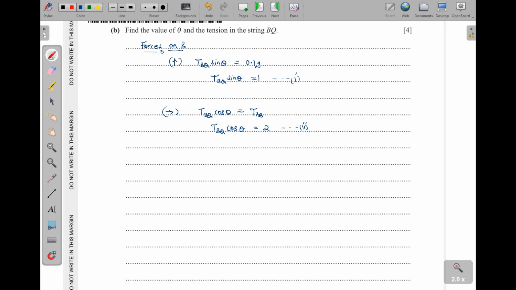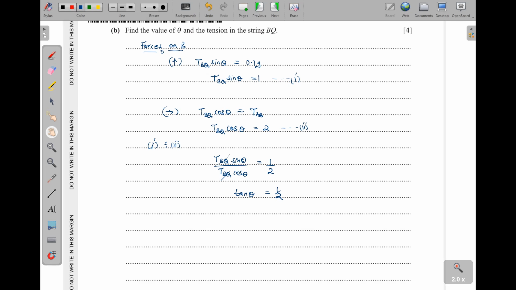Then I solve these two simultaneously. How can I solve them simultaneously? I can say equation 1 divided by equation 2, such that I can put the sine and cosine in one thing, tan. Okay, so I can have TBQ sine of theta divided by TBQ cosine of theta, which is equal to 1 over 2. So you can see that TBQ goes, and this becomes tan of theta, which is a half.